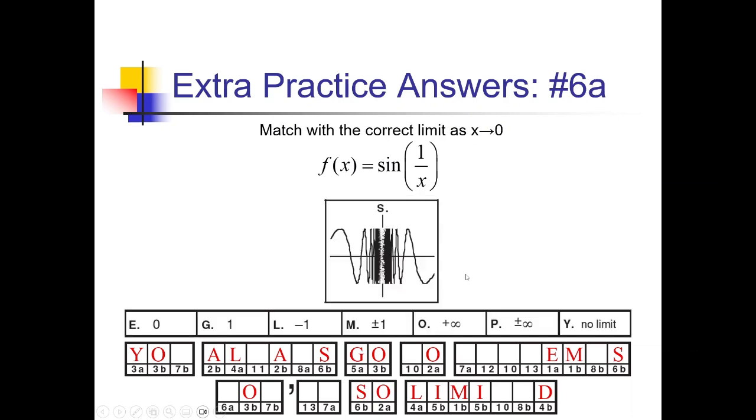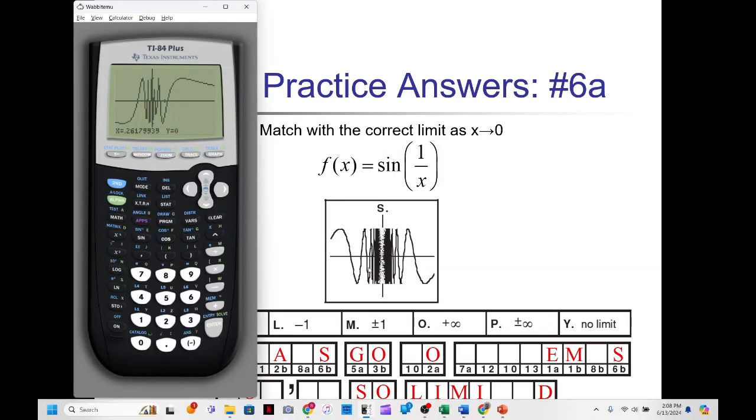Now we ask the very interesting question, what is the limit as x approaches 0 on this thing? So from the graph, it's kind of hard to tell. That could be like pretty much anything between -1 and +1. Let's go back to the graphing calculator and see if we can zoom in a little closer here. So we'll do zoom, and I'll just do zoom in this time around.